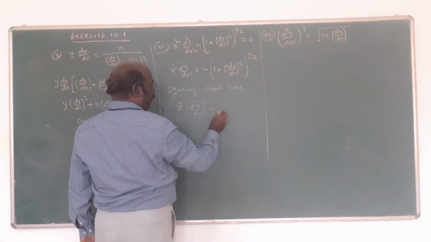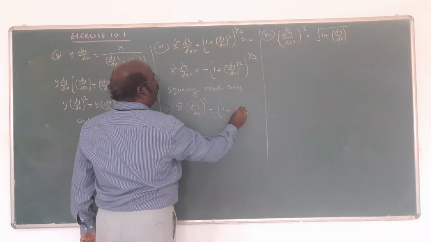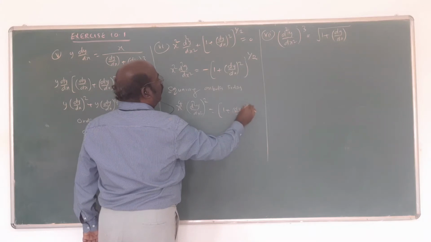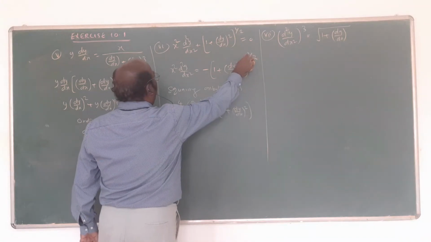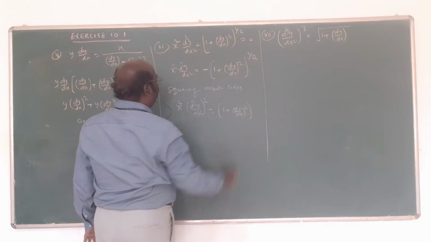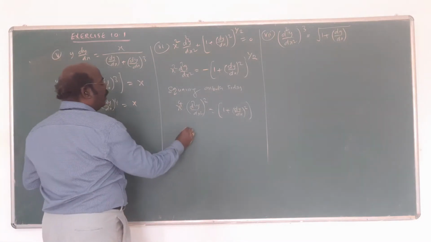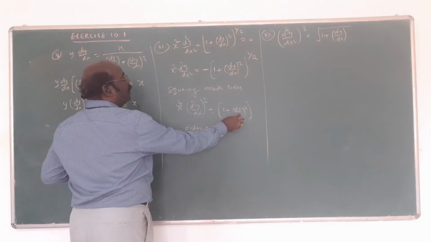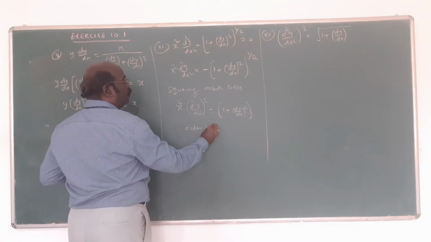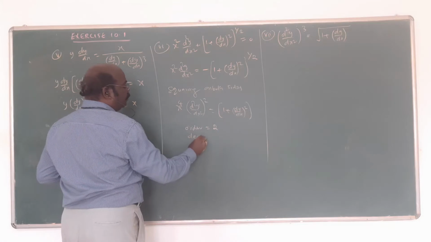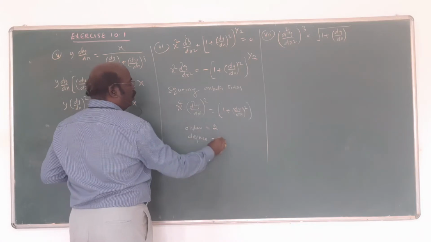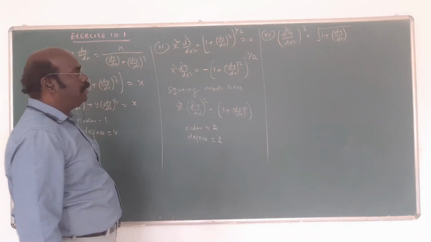Square of a negative becomes positive. So 1 plus dy by dx whole square, whole power 2, cancels with the square, only 1. That's all. Now it is the differential equation. Now, this is first order, second order: d square, so 2. The degree is what? Whole power 2. 2 comes. That is the answer. Am I right?